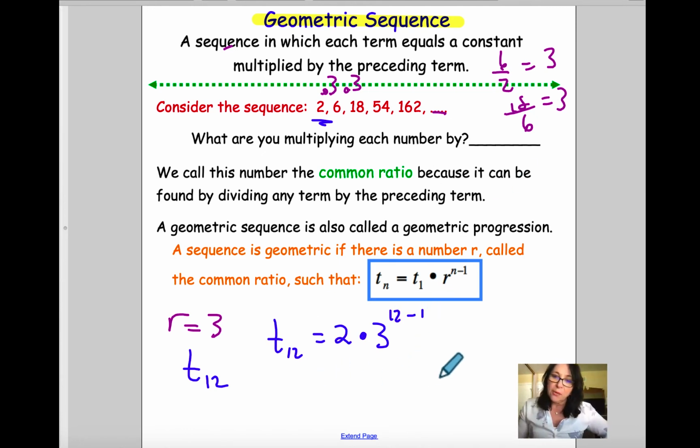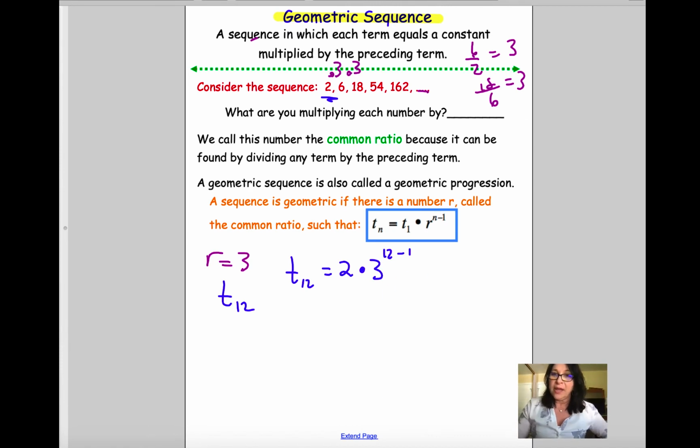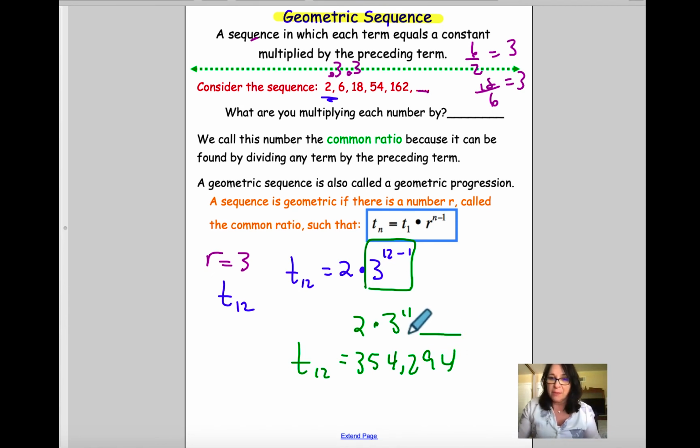By the way, you always simplify exponents first before multiplication. So you would do 3 to the 11th power and get that value first, and then multiply that by 2. So the 12th term ends up to be 354,294 if you just keep multiplying your answer by 3 with your common ratio.